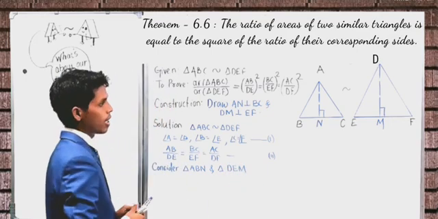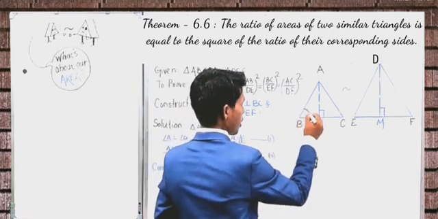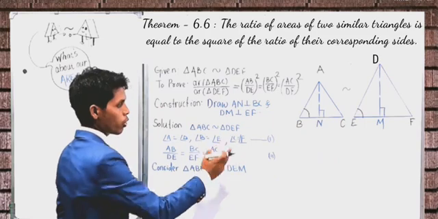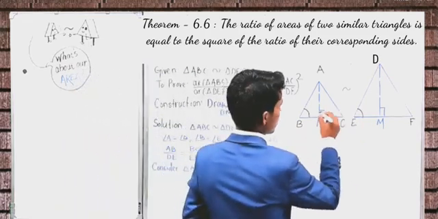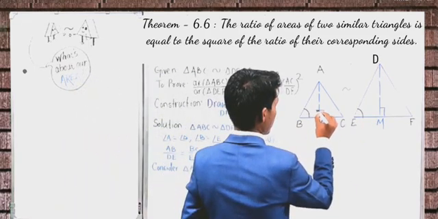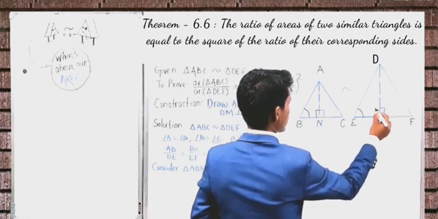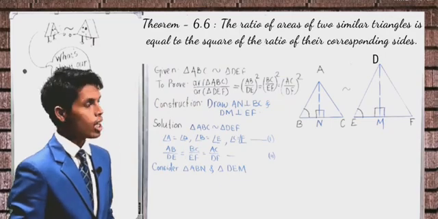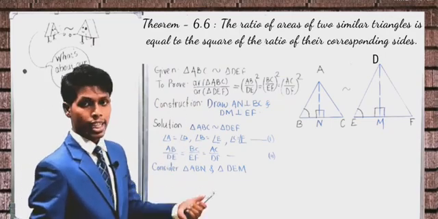You can see that angle B is equal to angle E, from our point 1. Next, angle N is 90 degrees. Here also angle M is 90 degrees. Yes or no? So two angles are equal, then these two triangles are similar.